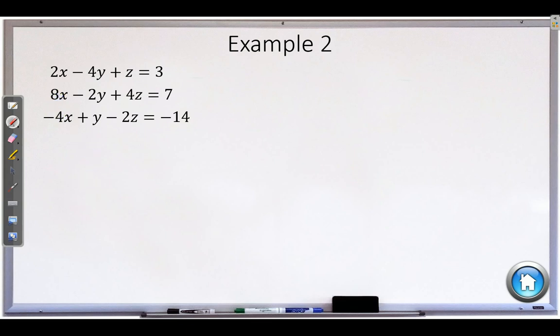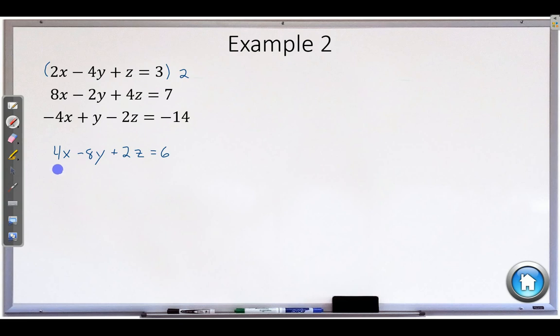And I think that'll be my best plan of attack. So first I'm going to take this one and multiply it times 2. So that will give me a 4x and a -8y plus 2z is equal to 6.